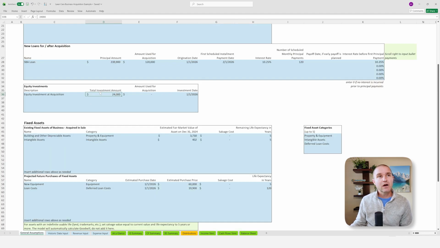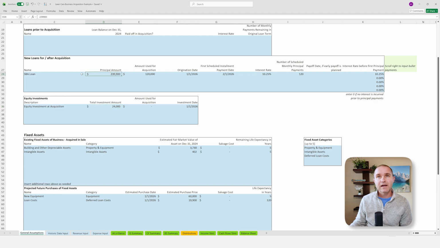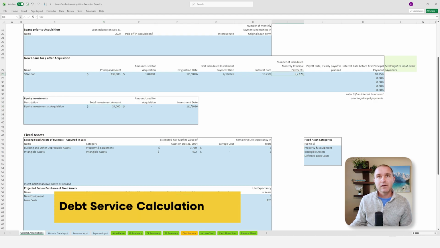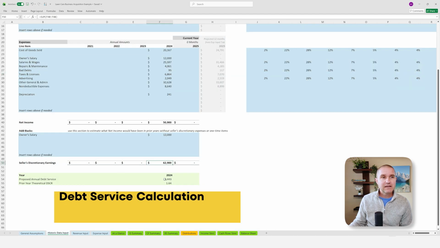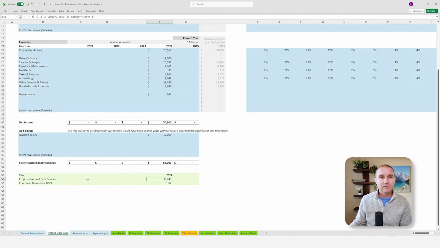Based on this SBA loan amount at a 10-year term with a 10.25% interest rate, we ended up with an annual proposed debt service of $38,443. So based on that loan, this would be your annual loan payments.